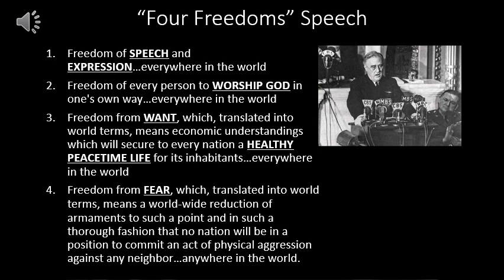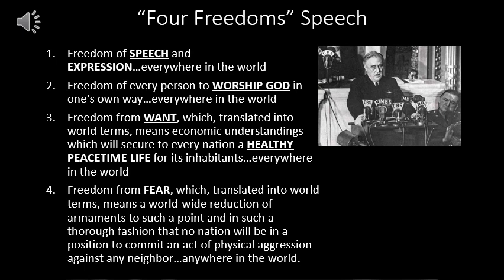Those four freedoms mentioned by President Roosevelt were freedom of speech and expression everywhere in the world, freedom of every person to worship God in one's own way everywhere in the world, freedom from want, which translated into world terms means economic understandings which will secure to every nation a healthy peacetime life for its inhabitants everywhere in the world.